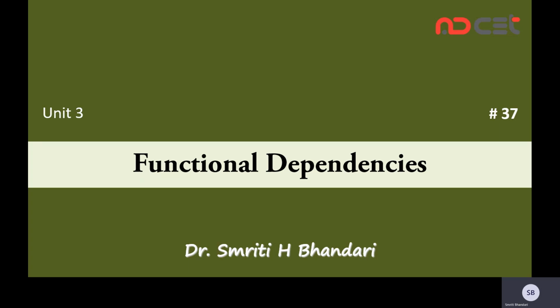So what are those desirable properties? First is we should have a minimum number of attributes. So whatever data that we would like to store in our database, we should try to use a minimum number of attributes to store all the information that is required.